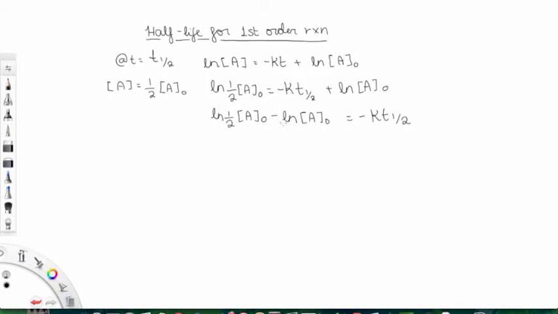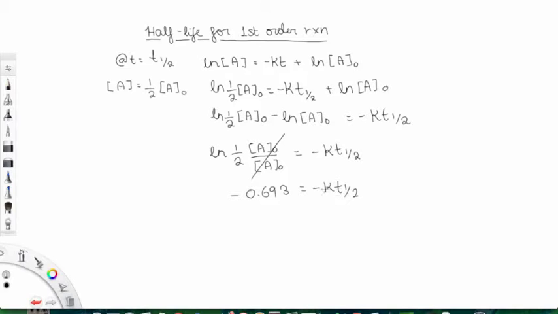We can group these two together and do ln of 1/2 A0 over A0 equals negative kT 1/2. We can cancel these out and get a value of negative 0.693 when we do the natural log of 1/2, which is equal to negative kT 1/2.